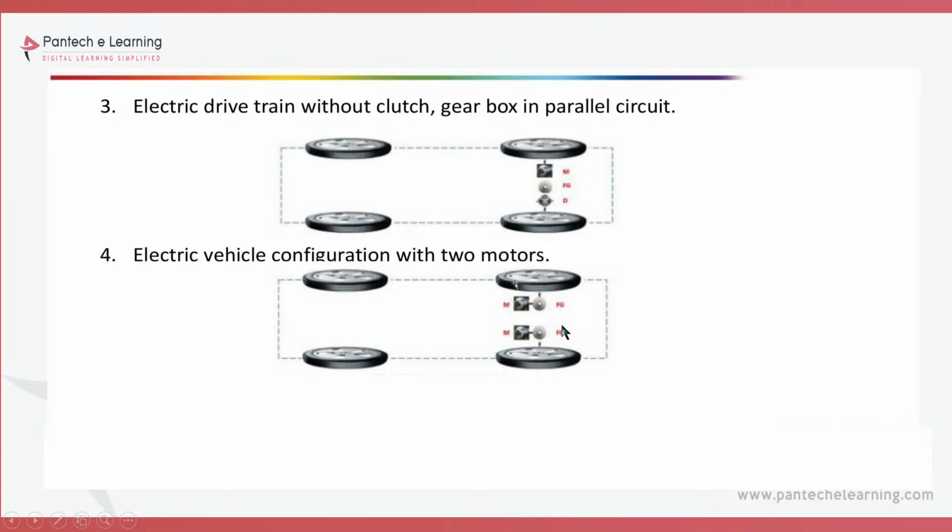It is very useful to rotate the car in one room: when rotating the vehicle in the opposite direction, it will drift very easily. We can turn in a very small area also. Heavy loads can also be handled very easily. So this is the concept of two motors: two different motors for different speeds to get higher efficiency and more power. In a loaded vehicle we can use these types of concepts.